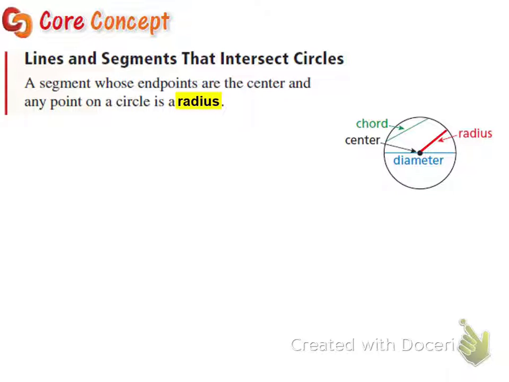Another type of segment is a chord. So a chord, go ahead and label your chord there. A chord goes from edge to edge. Then a diameter.